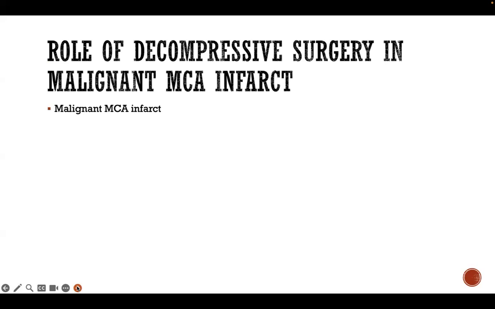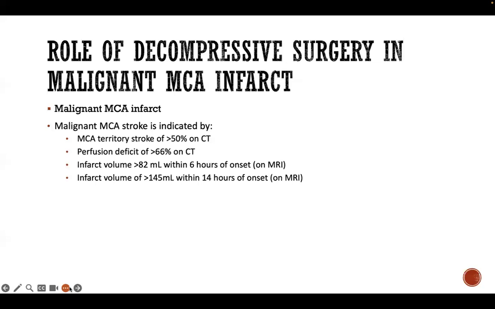Any other things you want to say, from a quantification perspective? If it's MCA territory, if it is more than 50%, or it's a whole territory, more than 2/3 of the territory is involved.